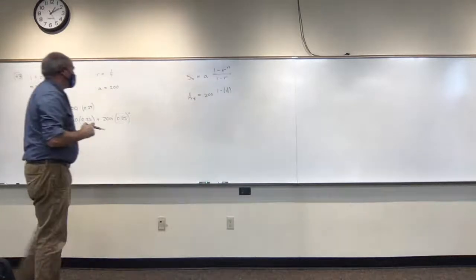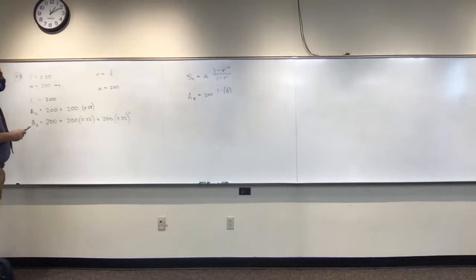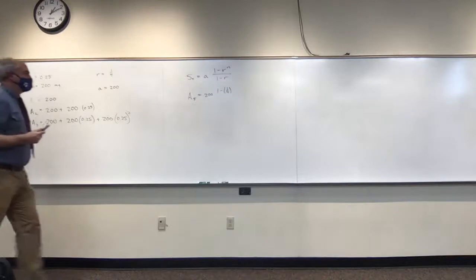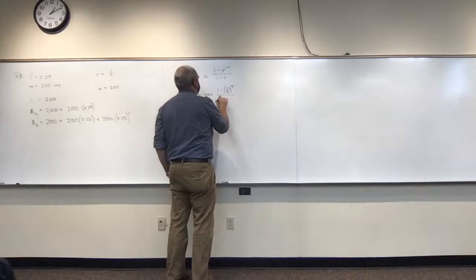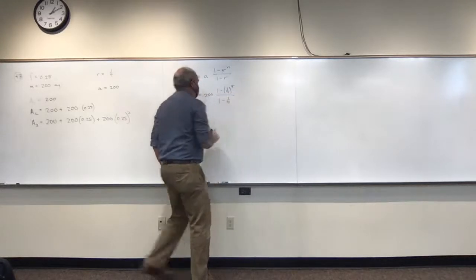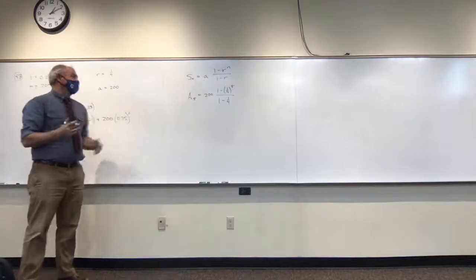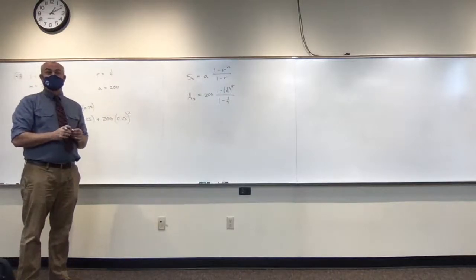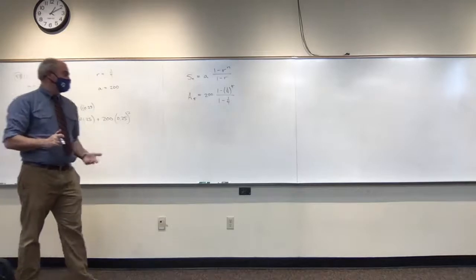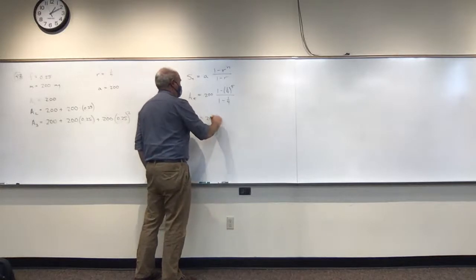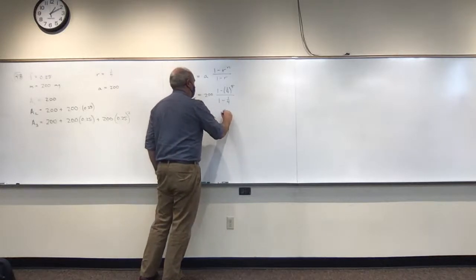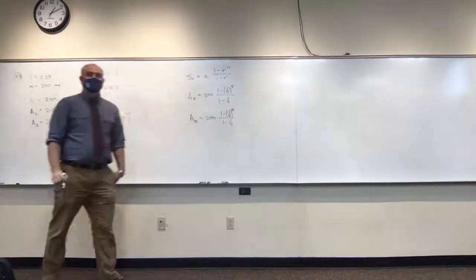Now I need to be a little bit careful here. Let me make sure that I'm doing this right. So I do put 5 here, over 1 minus 1/4. That's a little messy, but certainly your calculator could do it, so just plug that in and see what you get. Similarly for A10, that's just 200 times 1 minus 1/4 raised to the 10th, divided by 1 minus 1/4, and so on.